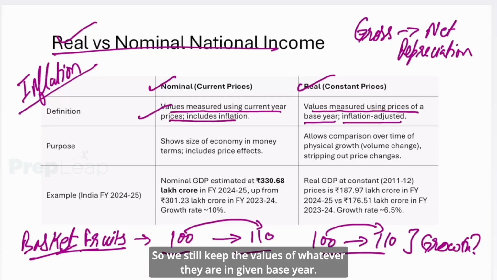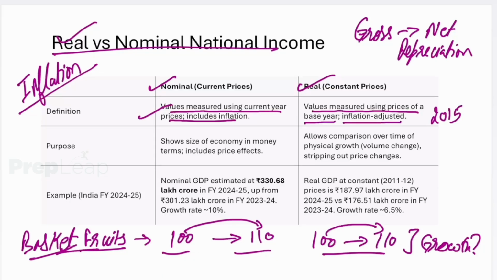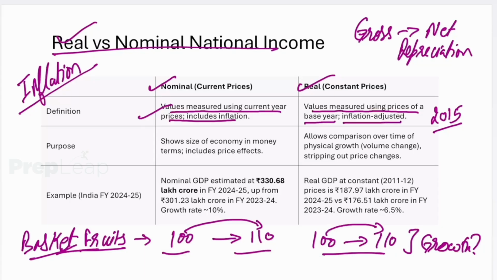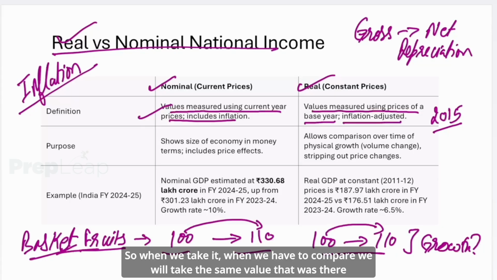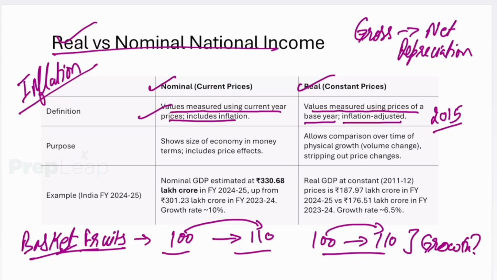For example, we take a base year of 2015. So what was the value of this basket of fruits in 2015 and what is its value today? When we have to compare, we will take the same value that was there in 2015 to know whether there is a growth in GDP.